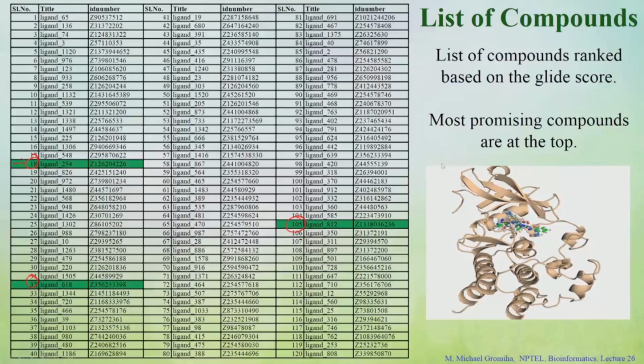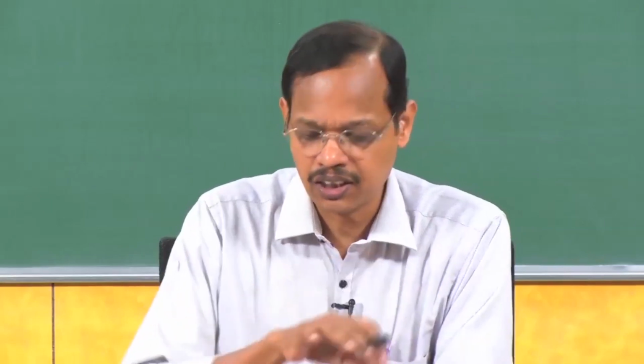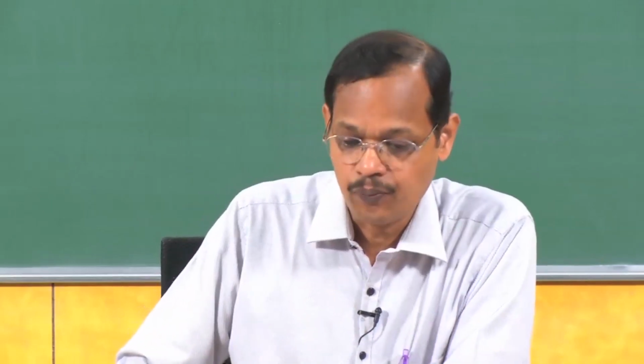You can see these are the compounds identified to show some sort of inhibition. At least we can see all these compounds in the top 120 hits among the 2.2 million, because we ranked from 2.2 million and got 120.